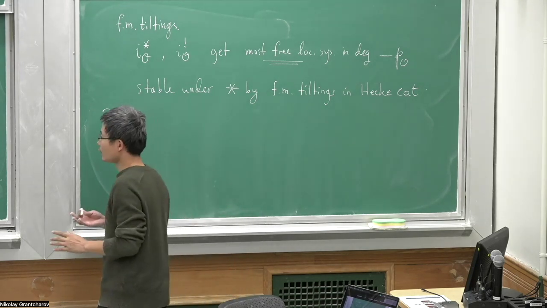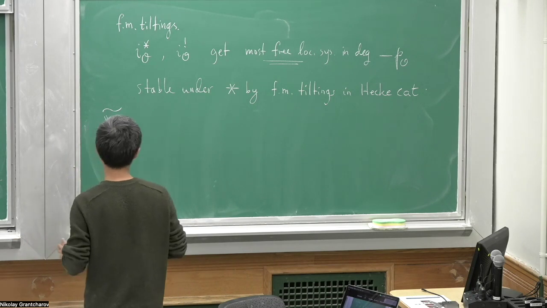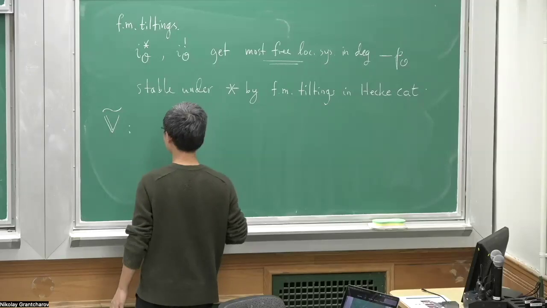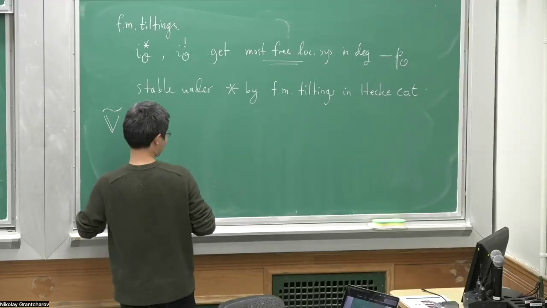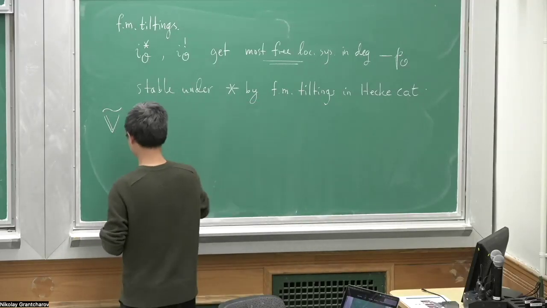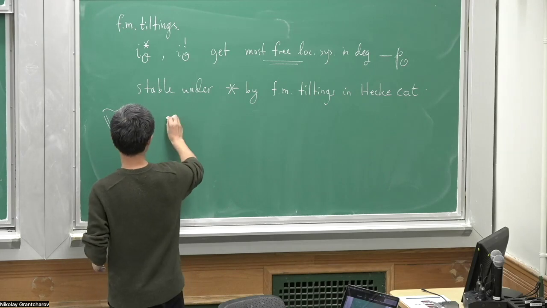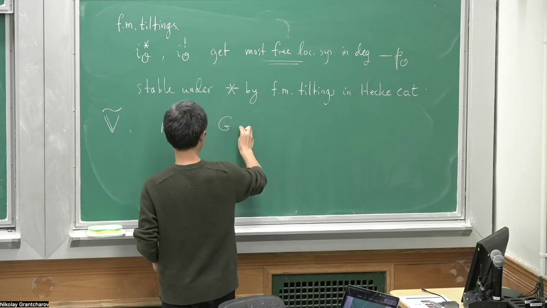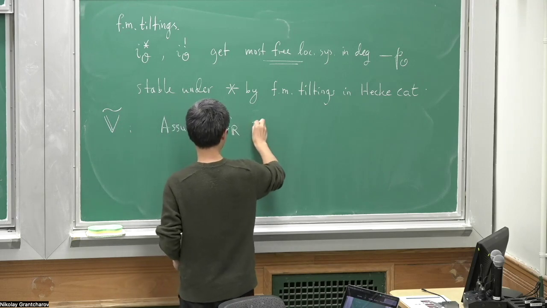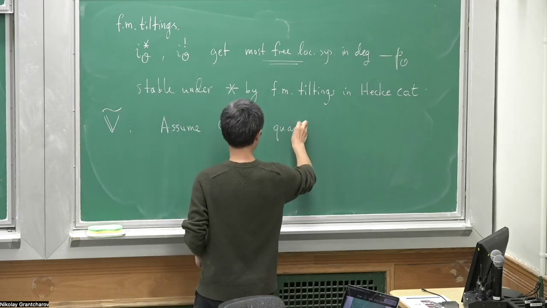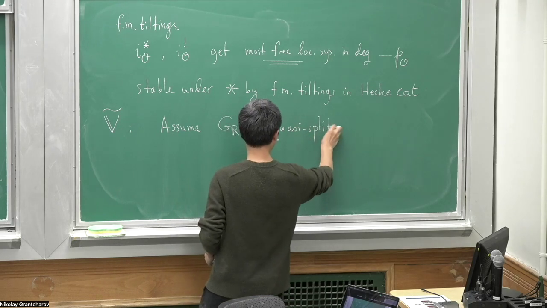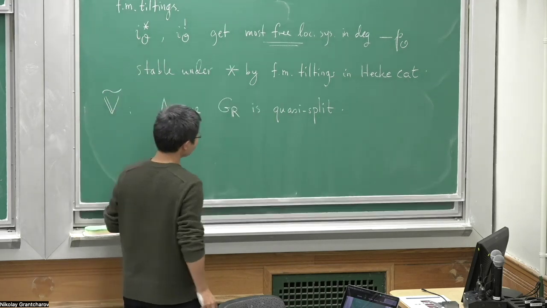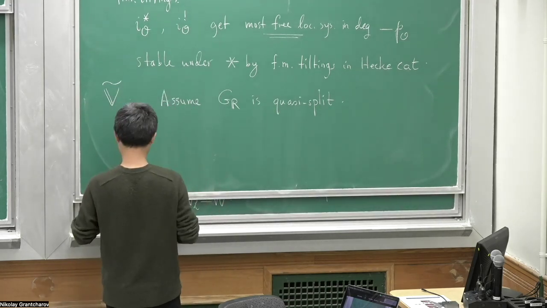It turns out the same idea, the microlocal idea of defining the Zorgo functor for Hecke categories, works here, provided we make the assumption that G is quasi-split. When G is quasi-split, we have a closed orbit.